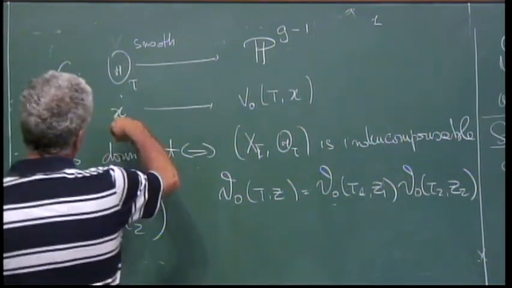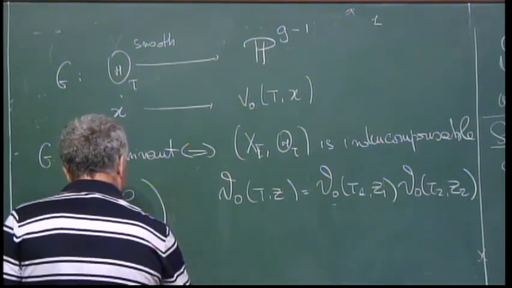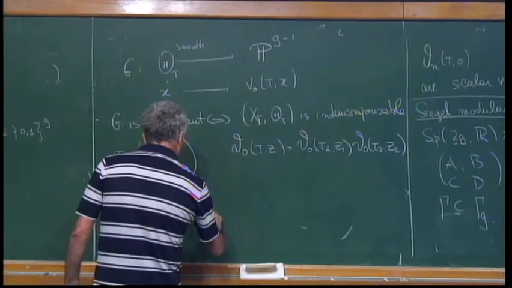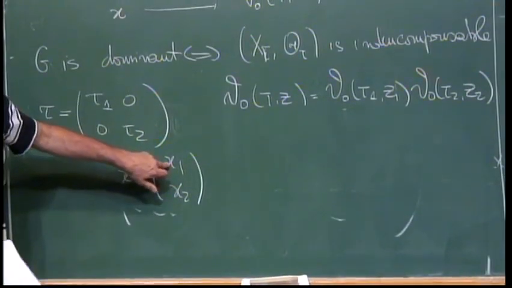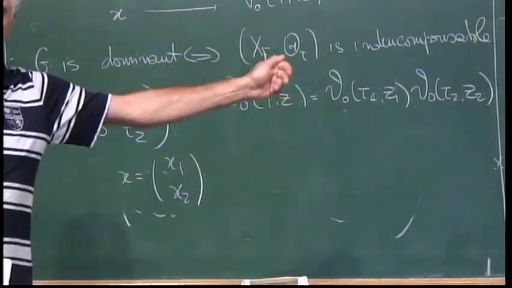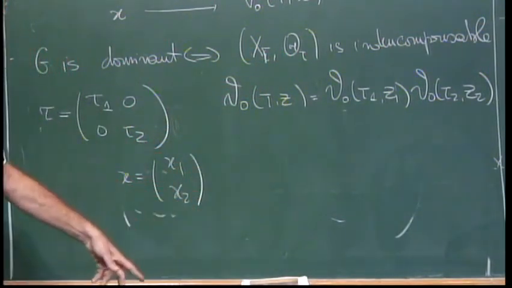And if a point x is here, x equals (x_1, x_2), this means that either x_1 is in the theta divisor of the first block, or x_2 is in the theta divisor of the second block.